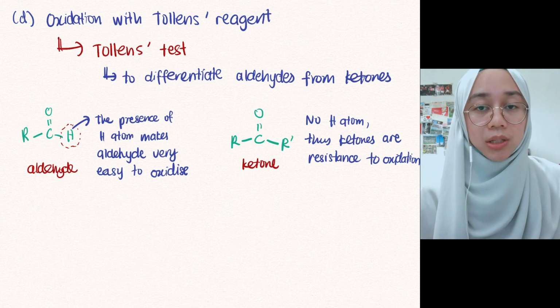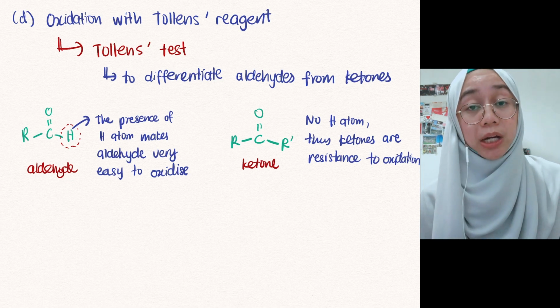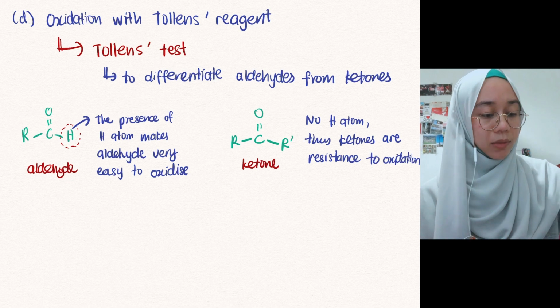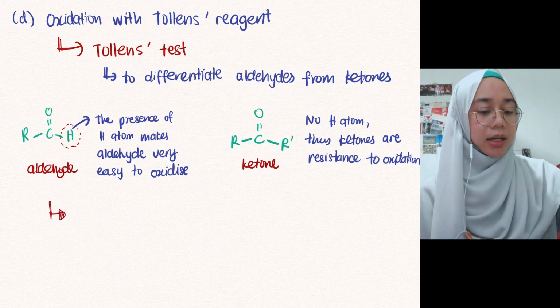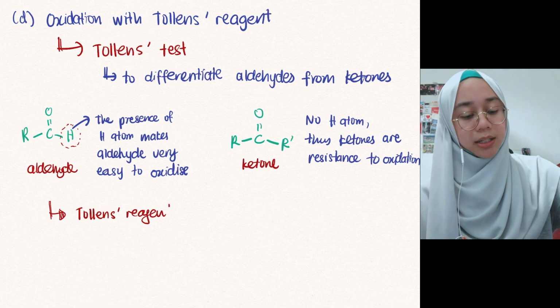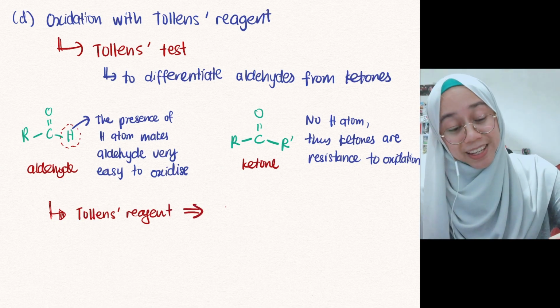Actually, we can also use potassium permanganate and semua tu, tapi tak apa. Kita belajar yang ni pasal guna Tollens ni. Jadi Tollens ni, apa dia punya reagent? Back to the Tollens reagent kat sini. Tollens reagent ni dia punya formula adalah a bit complicated lah.